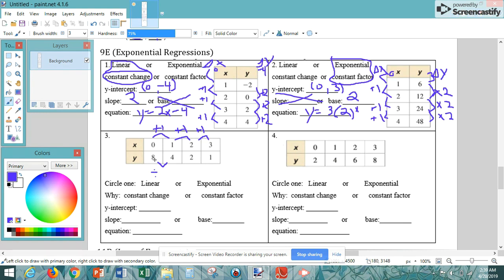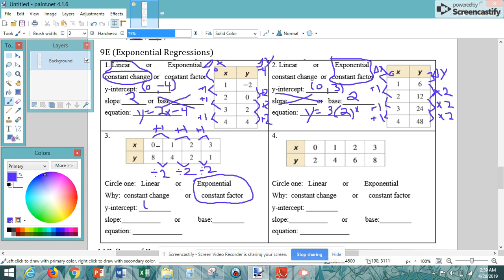To get 8 to turn into 4, we have to divide by 2. Divide by 2. Divide by 2. That's the same thing as multiply by 1/2. So we have exponential, it's a constant factor.